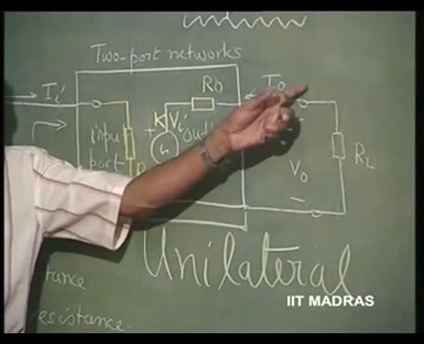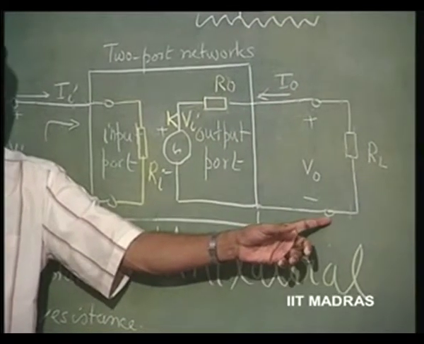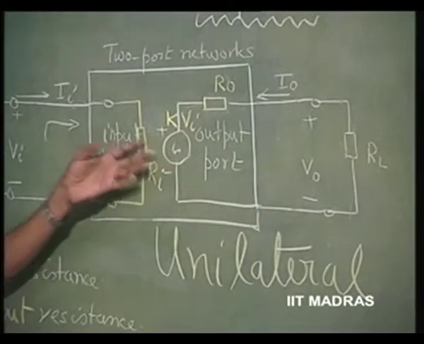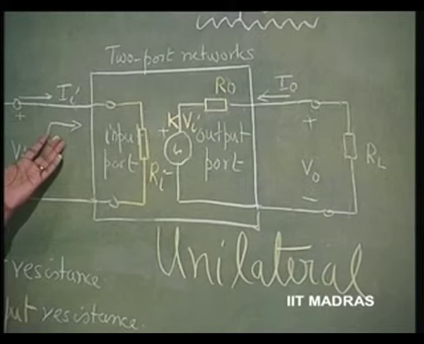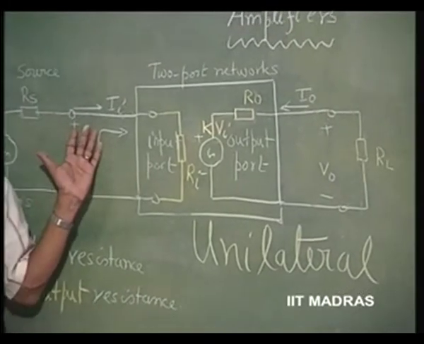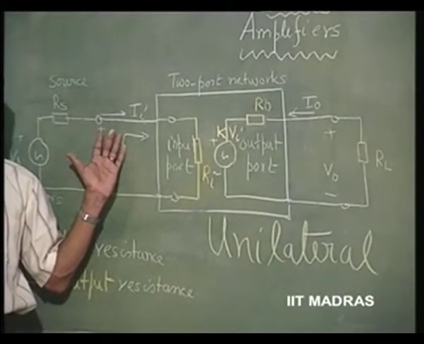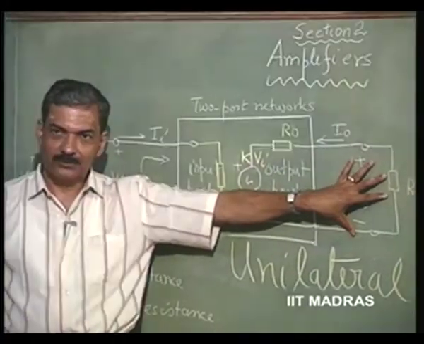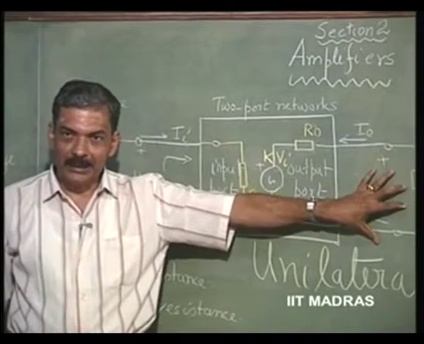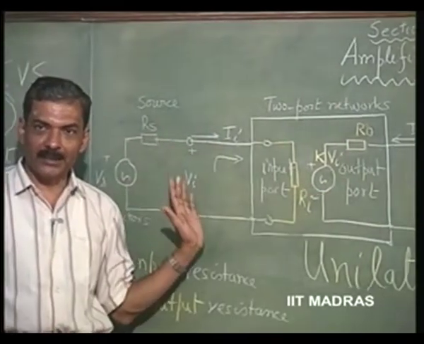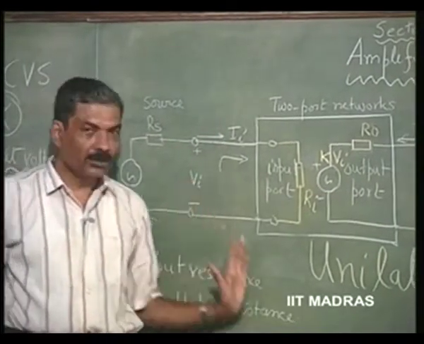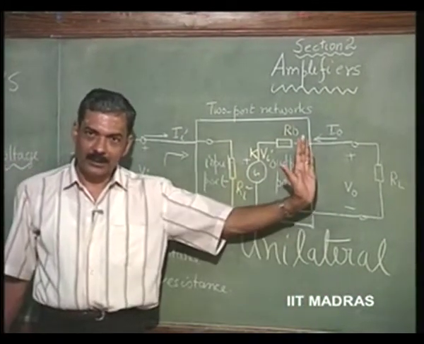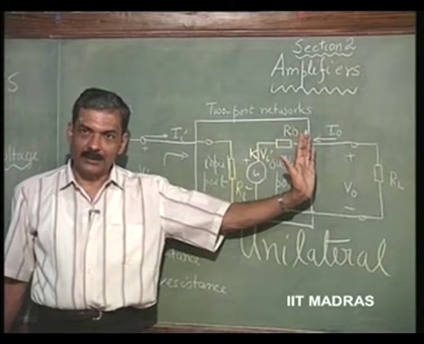In the other direction, if I apply an independent source V naught here, nothing happens at the input side. That means the input is not influenced by what happens at the output, whereas the output is influenced by what is happening at the input. That is called unilateral. That is, signal is transmitted in only one direction.